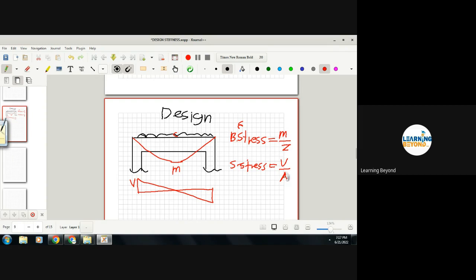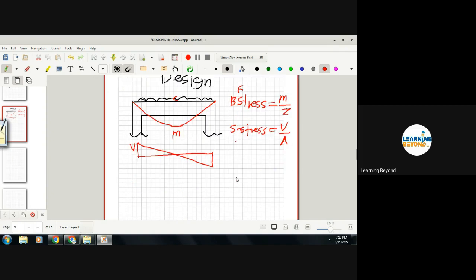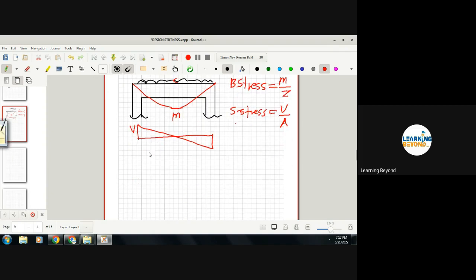So area of cross section means any area. If it is a rectangular shape, if this is the rectangular shape of this beam, let's say, and I cut any section near the support, then the cross-sectional area at this line will be this area.